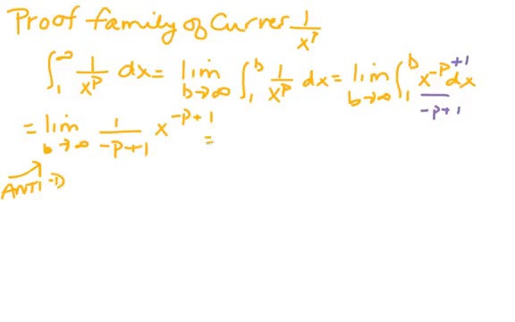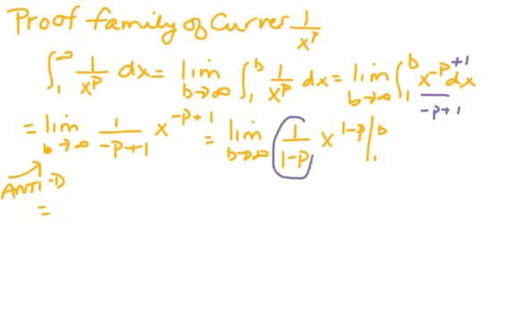Okay, so now I'm just going to rewrite this a little bit. And I'm going to evaluate the limit of 1 over 1 minus p, x raised to the 1 minus p, and evaluate that between 1 and b. So remember that the term 1 over 1 minus p is simply a constant.